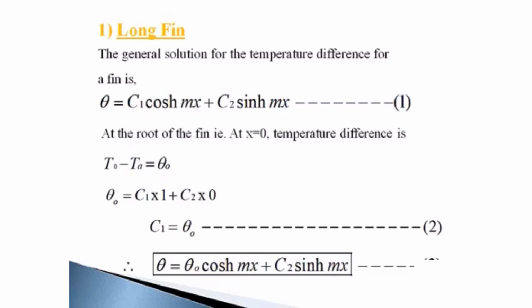I'll give an example, like a ladle or the spoon which you use for frying something in the kitchen. Small handle spoons will easily become hot at the end. But if you use a very long handle for the spoon, you can easily hold it at the end, because the temperature will be almost room temperature.